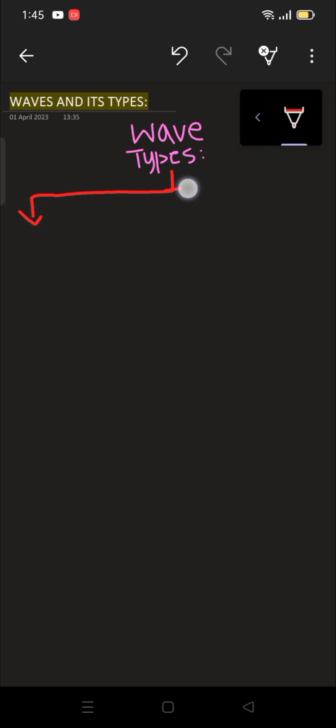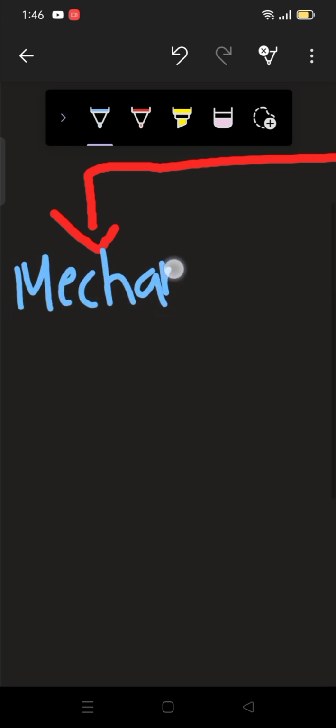So let me write here wave types. Now let me make the arrows here. We have two types of waves. The first type of wave is the mechanical wave.